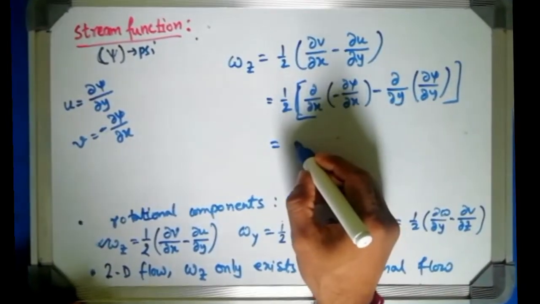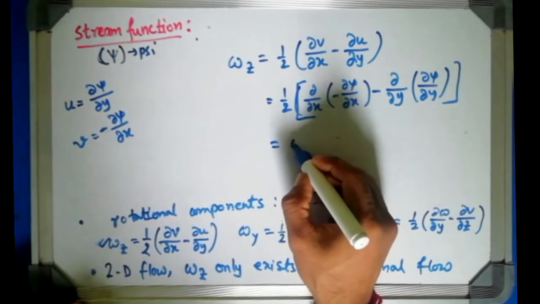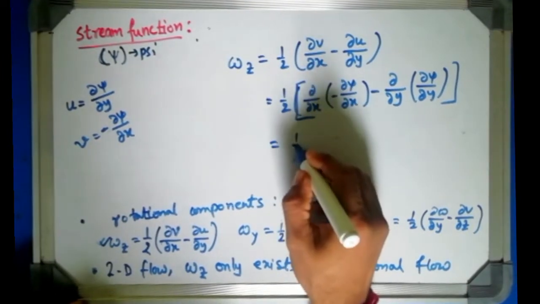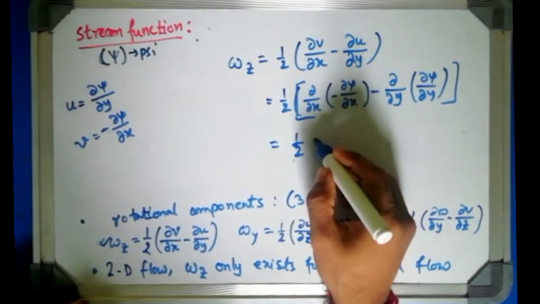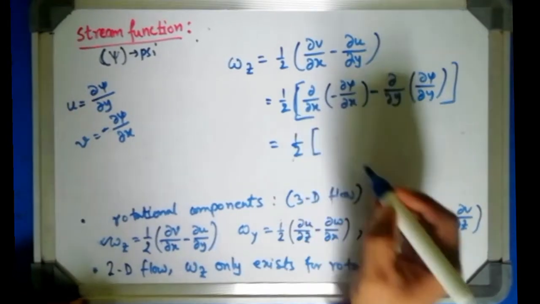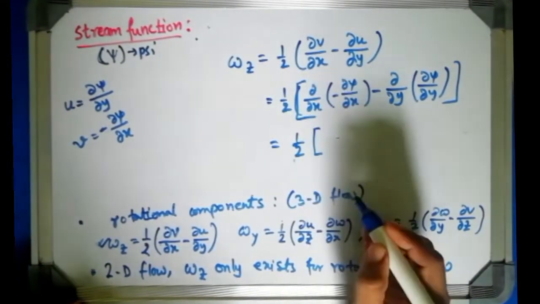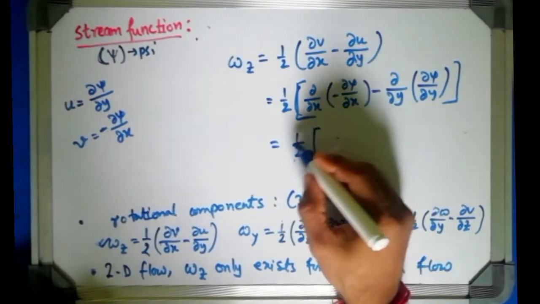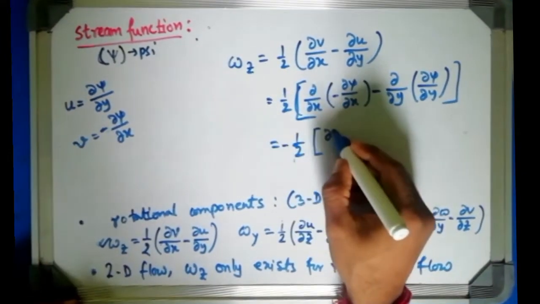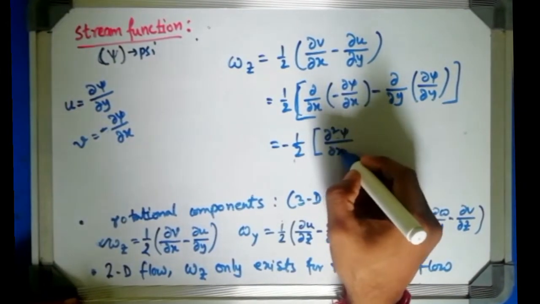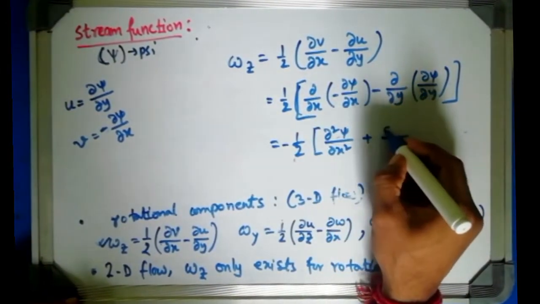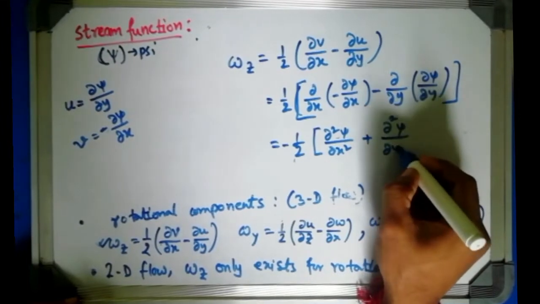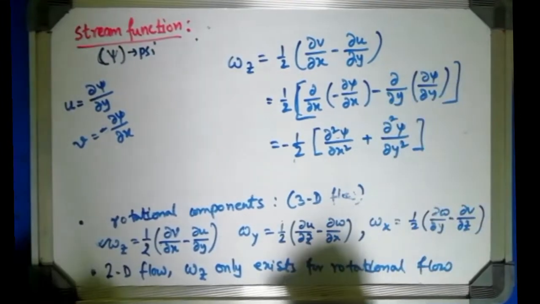What does this give you? Omega z equals half, and if I take one minus as common, it comes like this: del square psi by del x square plus del square psi by del y square, isn't it?